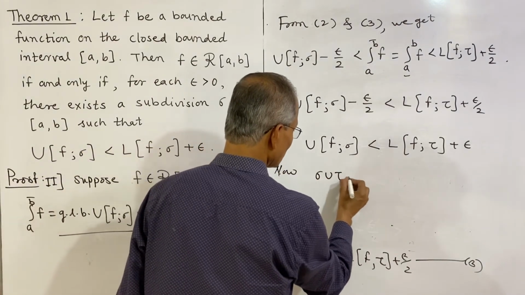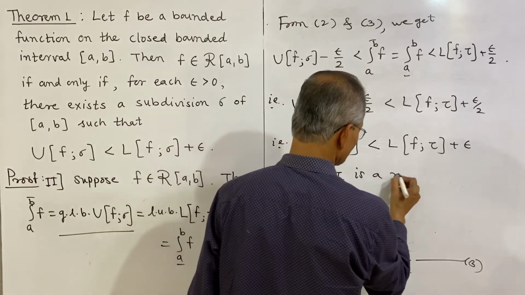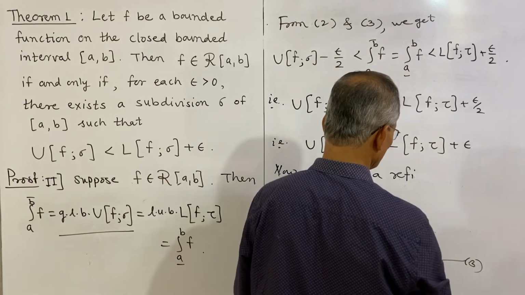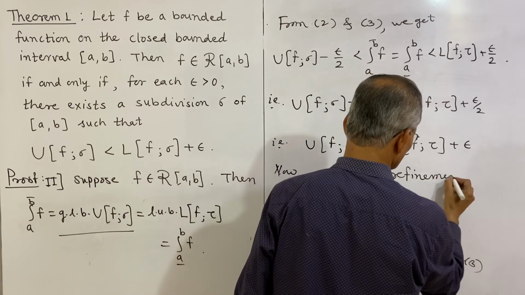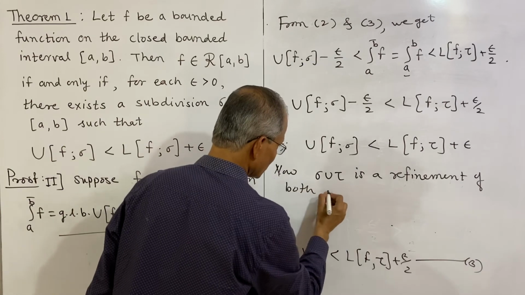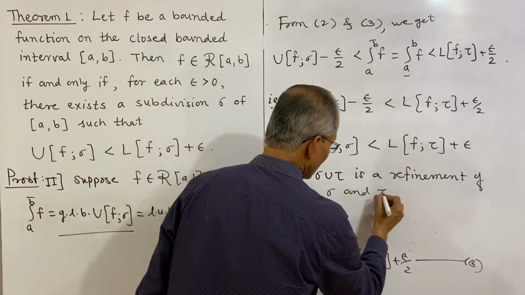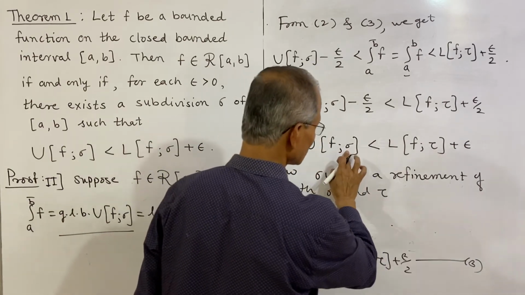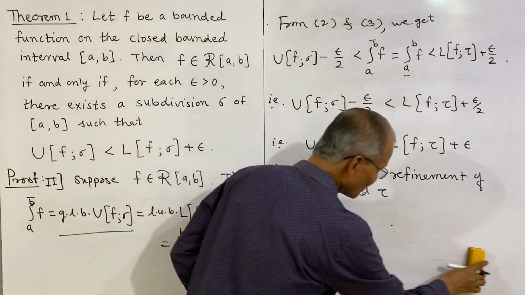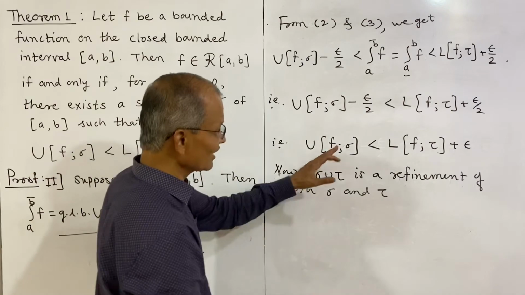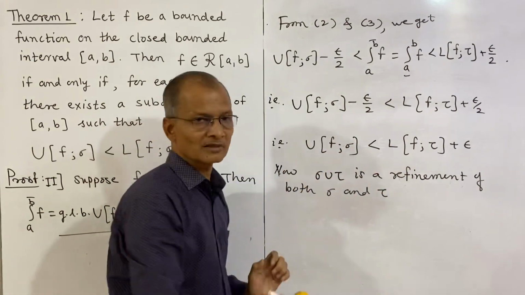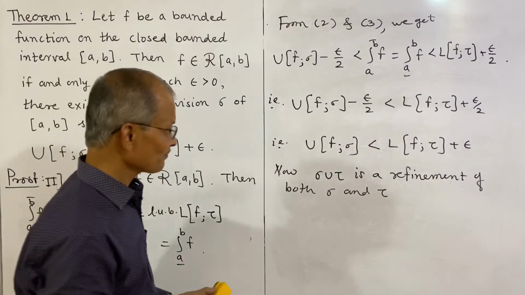Now sigma union tau is a refinement of both sigma and tau. Therefore we can replace both sigma and tau by sigma union tau, because in the refinement the upper sum decreases, so that side decreases, and in the refinement the lower sum increases, so the inequality remains the same.